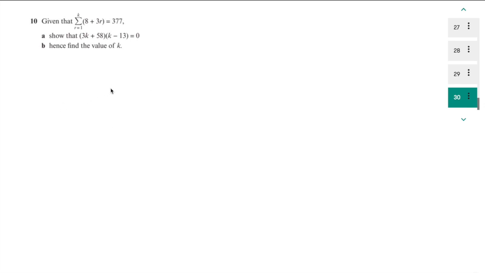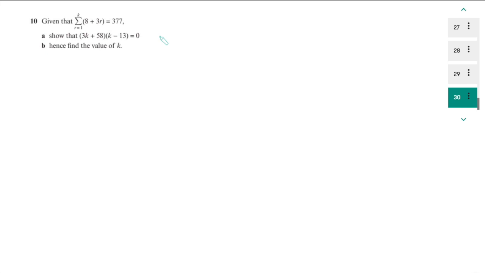Okay, so it's a bit more, I was going to say convoluted. There's obviously something more to it. They're giving us the solution to what this partial sum is, and then they're asking us to show that this thing is true about k.